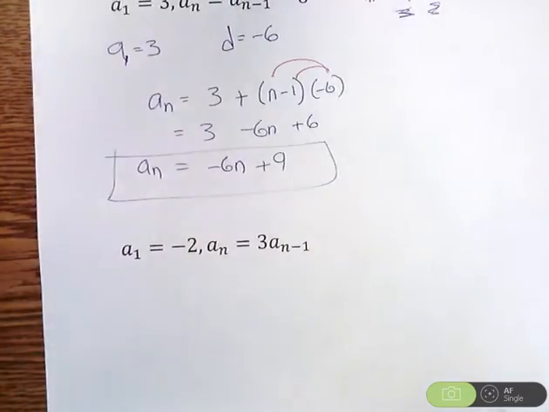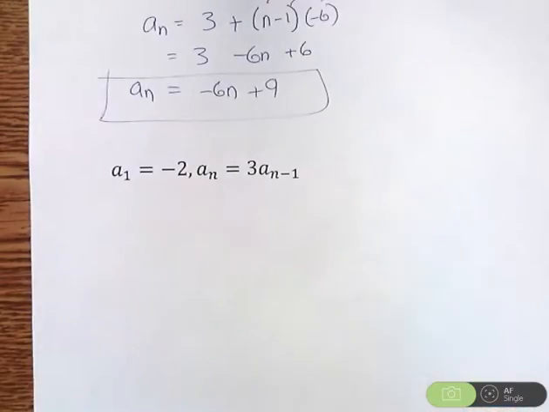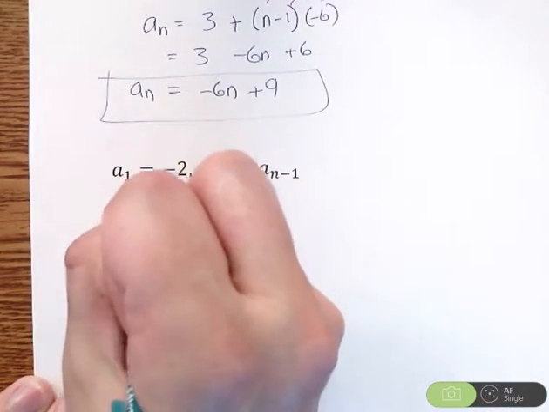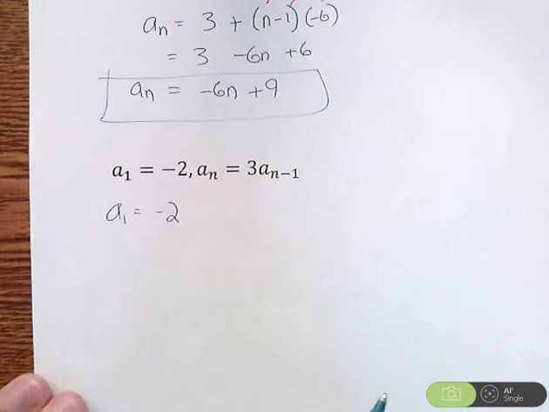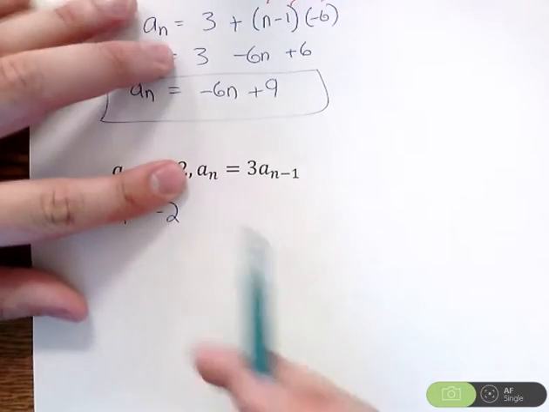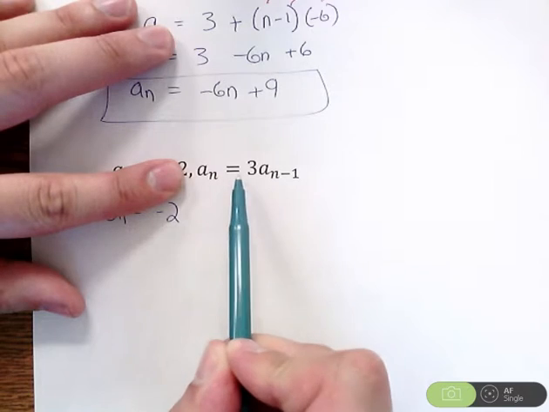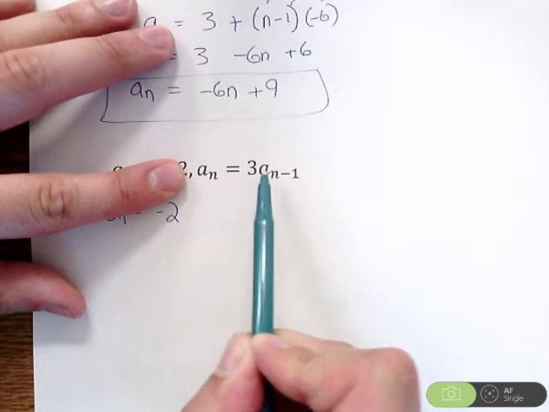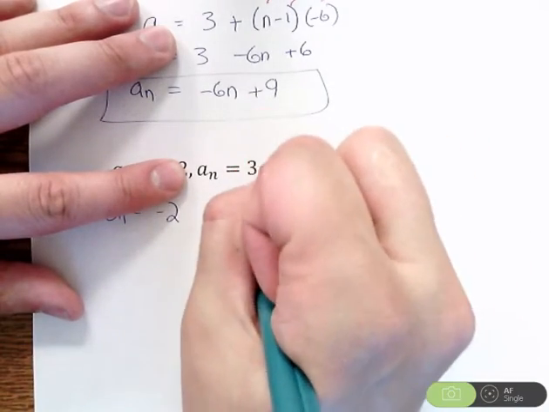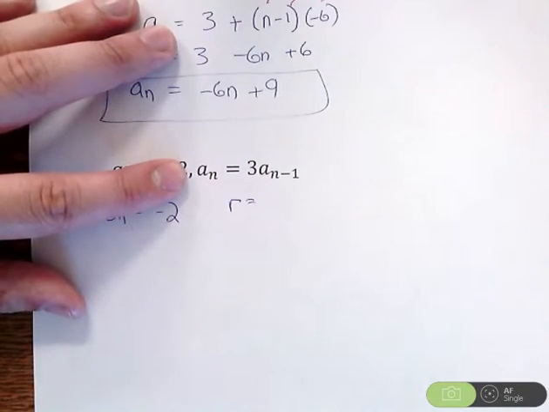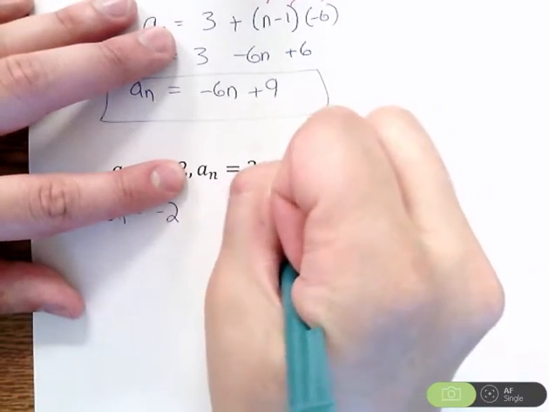For the next one, I need to figure out what A1 is and d or r, whatever we're dealing with. They tell me A1 is negative 2. Now let's look at the rest of the recursive rule. It says if you want to find An, you take 3 times An minus 1. If we're multiplying by 3 every single time, that is a geometric sequence, so r is 3.